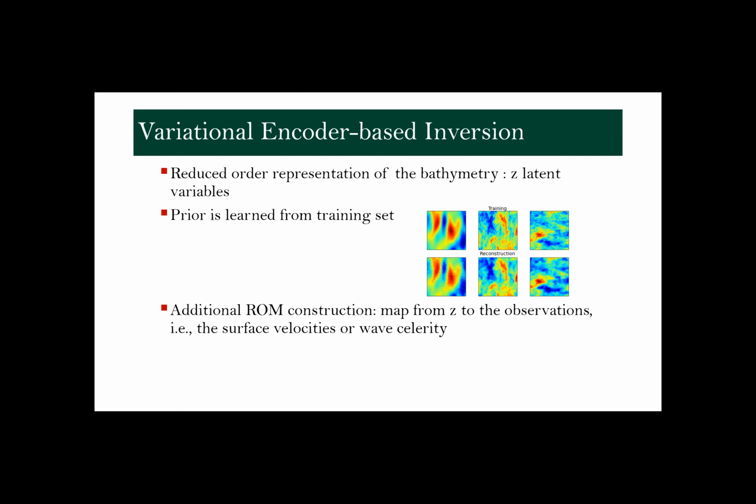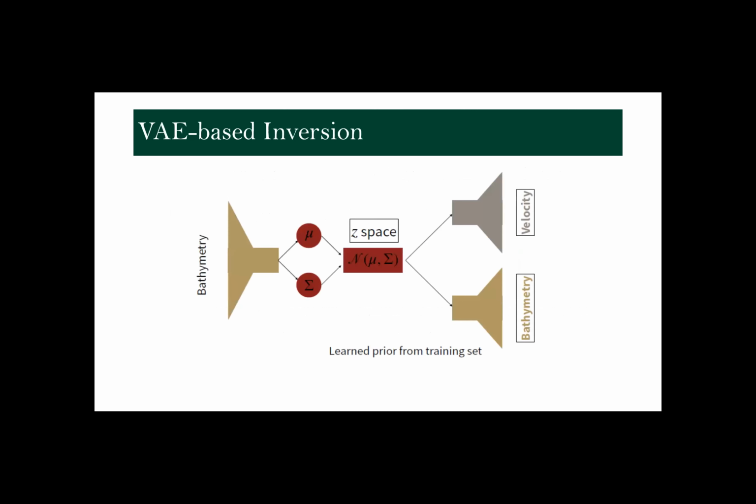So using this kind of map from the latent space to observation, you can construct the reduced order model, and that's an additional advantage of this approach. Here, our application is to estimate bathymetry from velocity, and the forward model is bathymetry to velocity: given the bathymetry, you get the velocity.